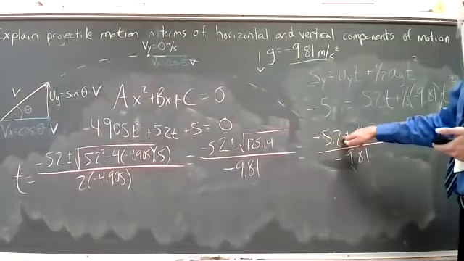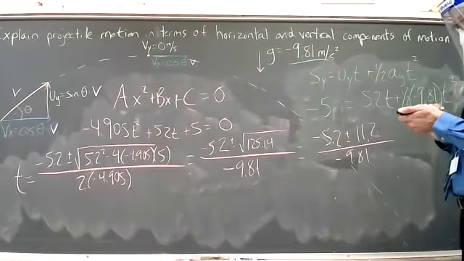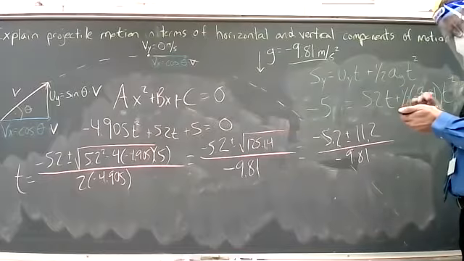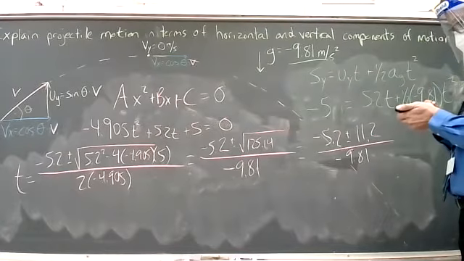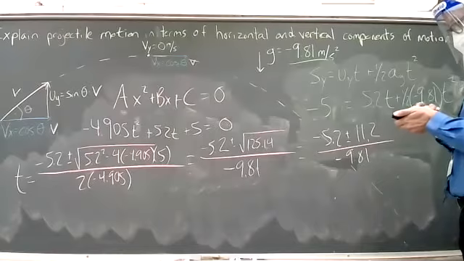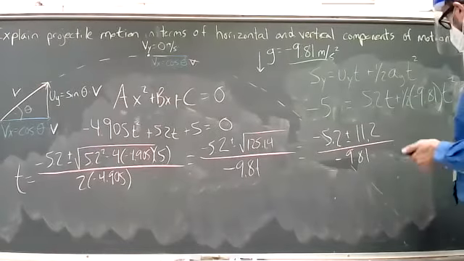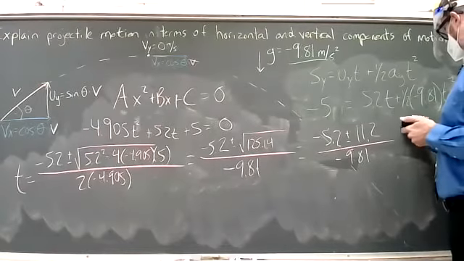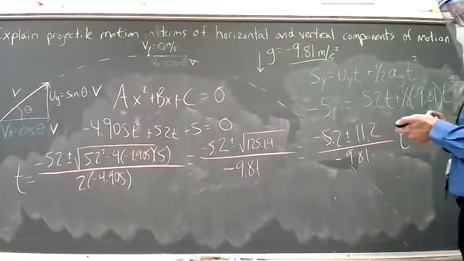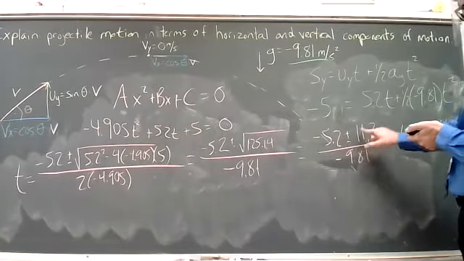Negative 5.2 plus 11.2 is about 6, divided by negative 9.81 gives us one answer: time equals negative 0.61 seconds. It might take negative 0.61 seconds for the tennis ball to hit the ground. The other solution is negative 5.2 minus 11.2.